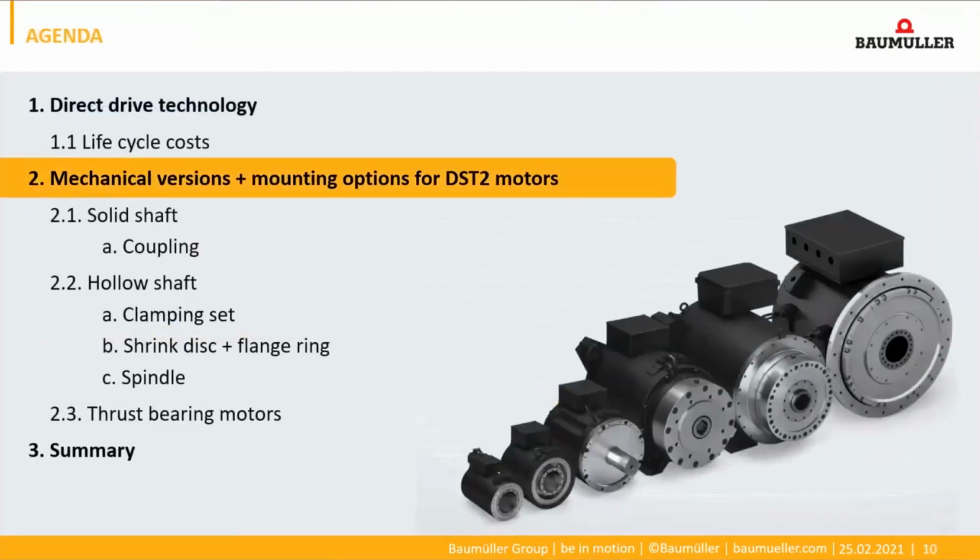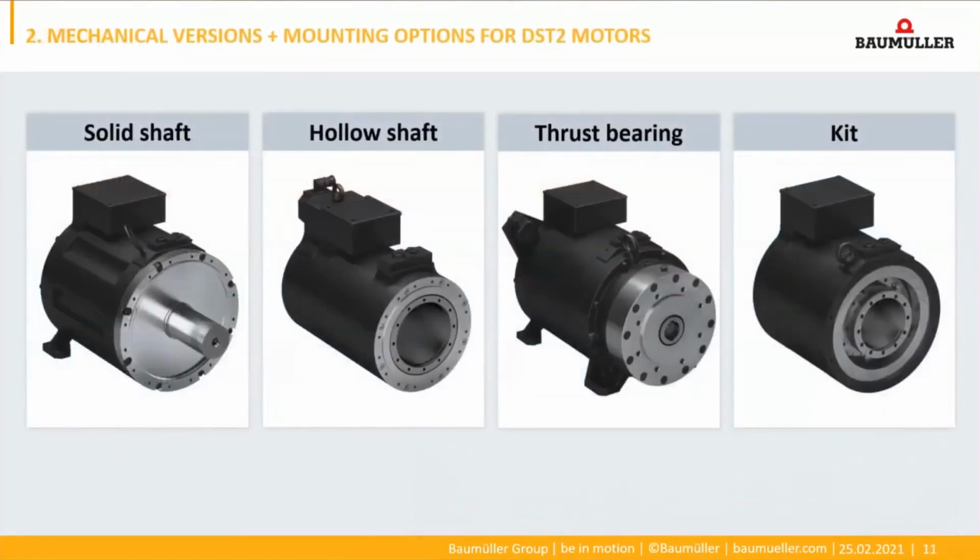Now we want to go deeper into the mechanical versions and the mounting options for the DSD2 motors. Here you can see the mechanical versions of our high torque motors. We have the solid shaft version, the hollow shaft version, the thrust bearing version for plastic industry, for extruders, and we have a special version, the kit.